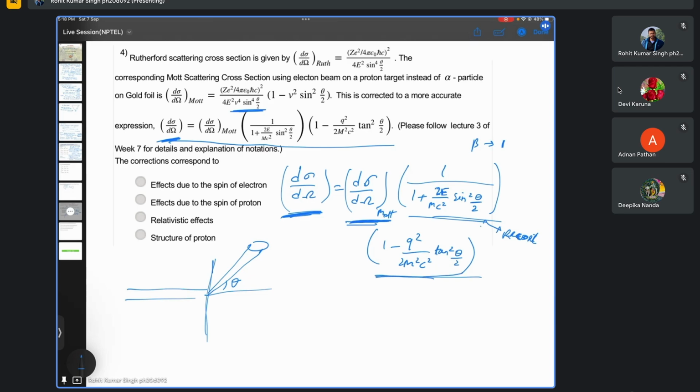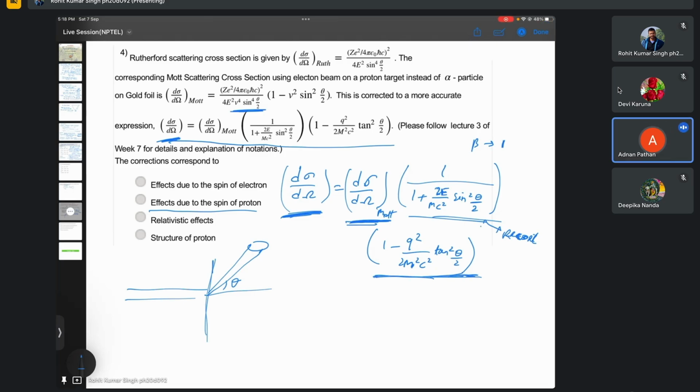Okay, so you are saying the spin of the nucleus, right? Yes, sir. So why does the option say spin of proton? Sir, maybe here they're taking only the hydrogen atom as the target.